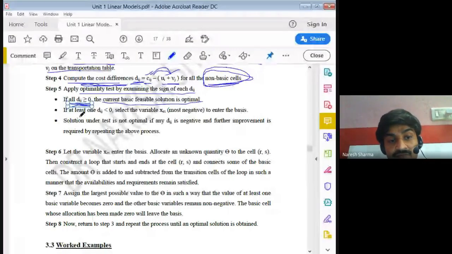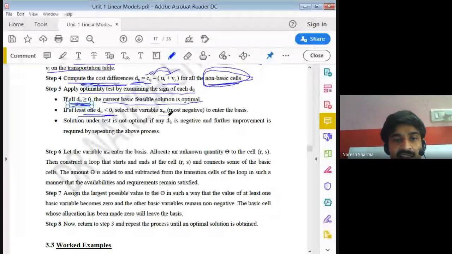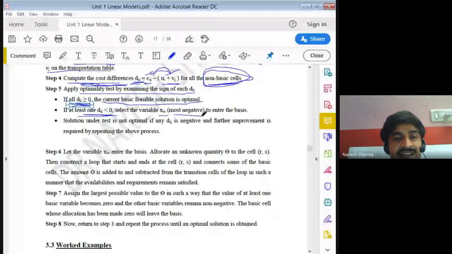But if at least one is negative, suppose that is particular location XRS, we choose the most negative. So if we have more than one negative, then we choose the most negative, or if we have one negative, obviously we choose that only. Suppose its location is RS, rth row and sth column.